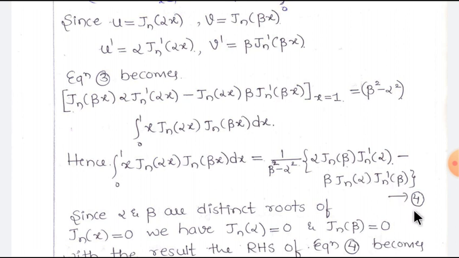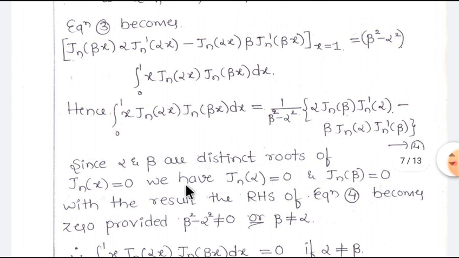Since we already know that alpha and beta are distinct roots of Jn of alpha x equal to 0, we have Jn of alpha is equal to 0 and Jn of beta is equal to 0. If alpha and beta are distinct roots, alpha is not equal to beta, meaning they are different roots.